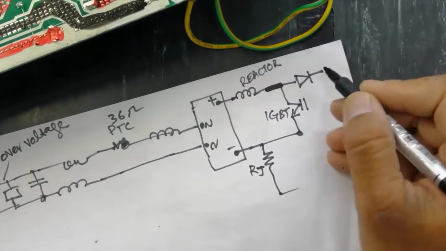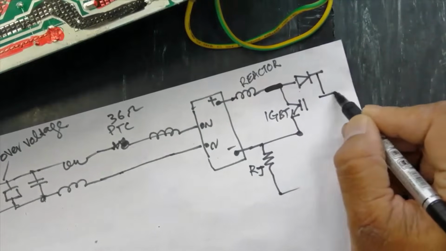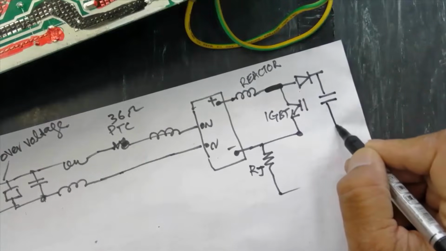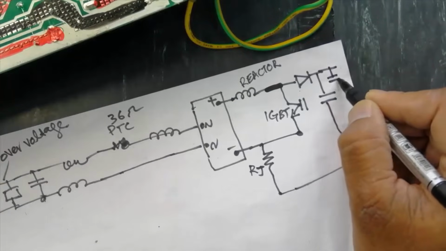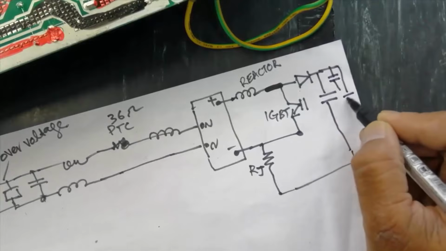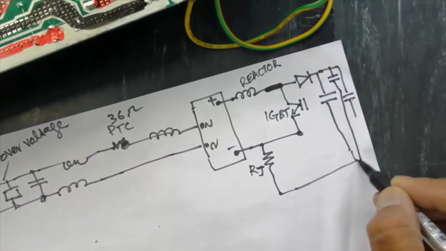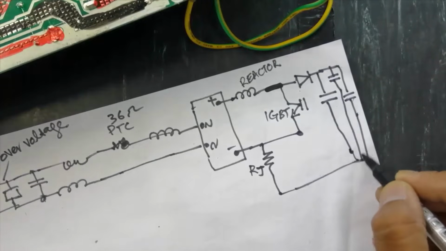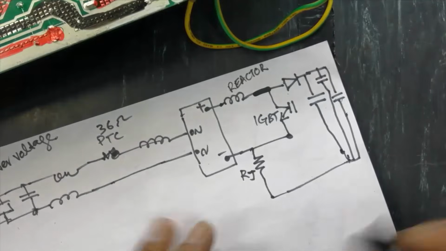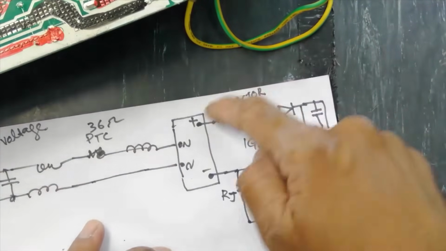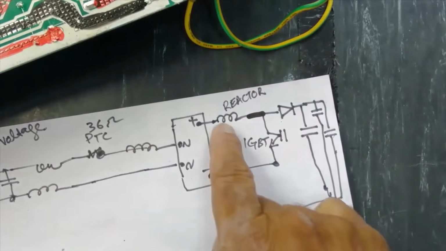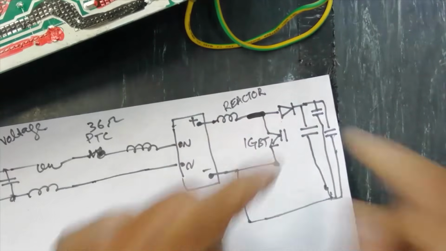So in the output of this rectifier we have 1, 2, 3. We have 3 capacitors in parallel. Now we will discuss the function of these components, IGBT, reactor and rectifier.